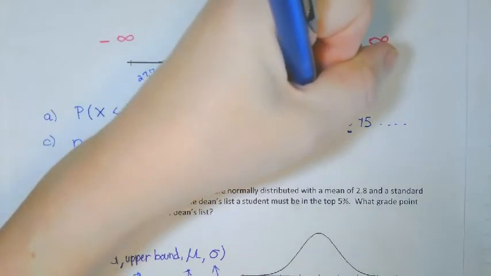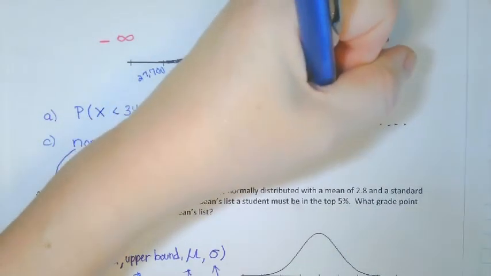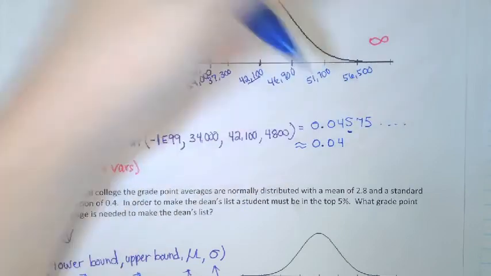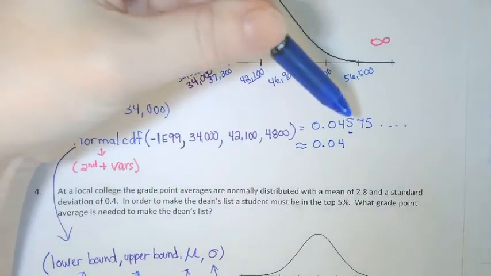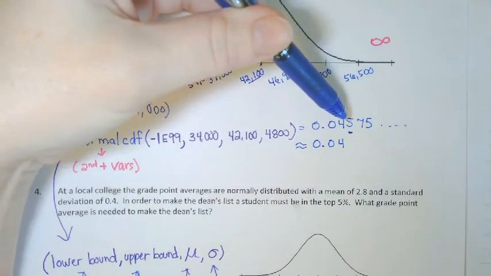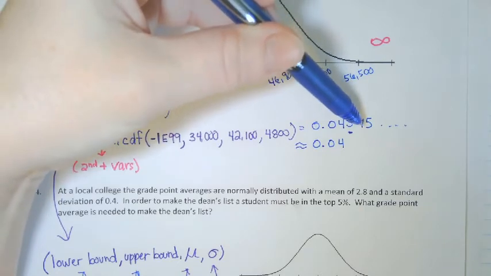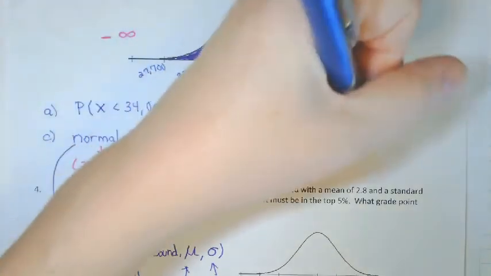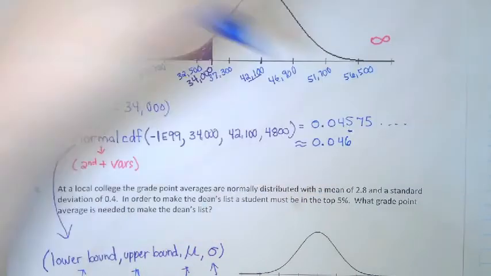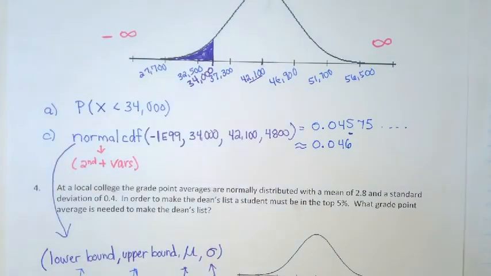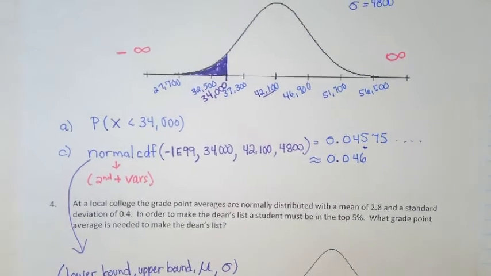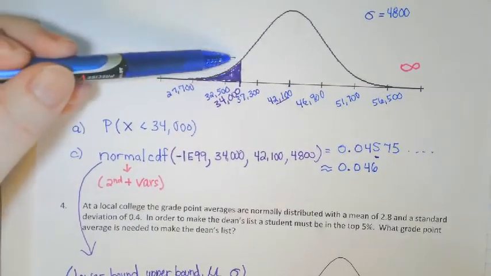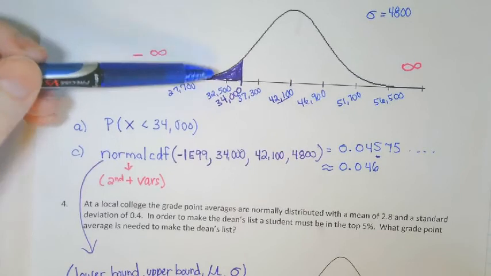So I'm going to have 0.04, and then I have to decide what to do with the 5. Because there's a 7 behind it, I'm going to round it up to a 6. Okay, so that is our answer, 0.046. That is the area of this shaded region under the curve.